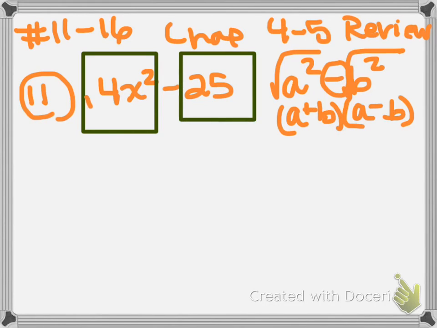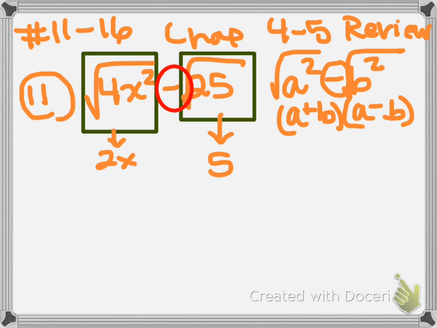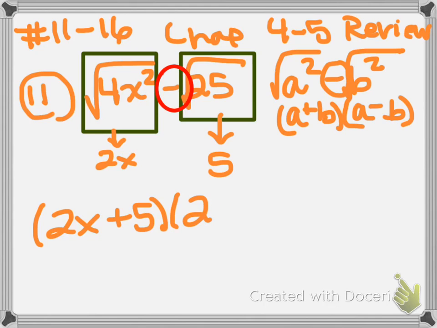So we know the square root of 4x squared is 2x. The square root of 25 is 5. Again, we have that subtraction there. Our final factors then are 2x plus 5 and 2x minus 5.